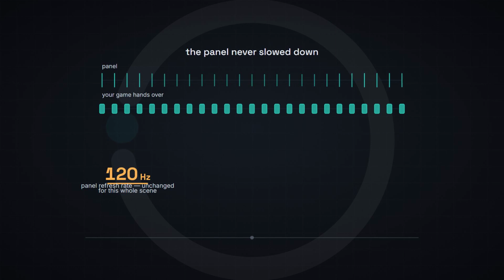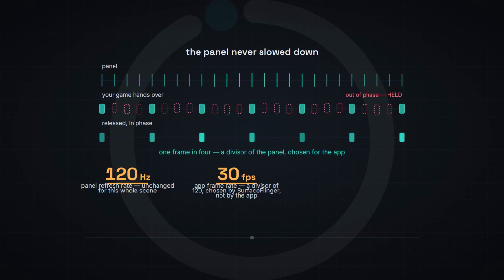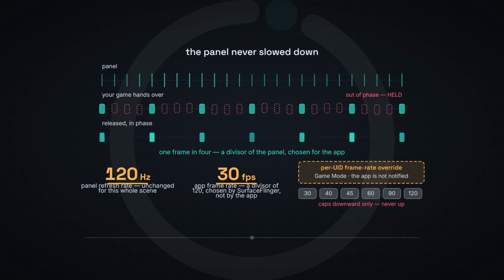Your game asks for 120 frames per second. SurfaceFlinger can decline. On each display tick, each V-sync, it checks whether that tick is in phase with your app. If it isn't, it holds the frame until they line up. That's throttling to a divisor of the refresh rate. The goal is even cadence, not peak frame rate. Game mode goes further. Game Manager service installs a frame rate override on one app's user ID.